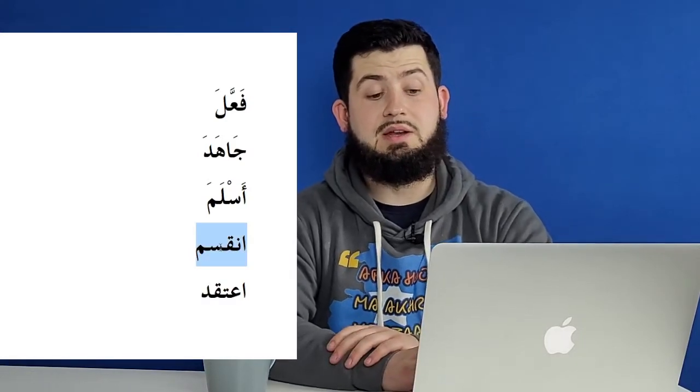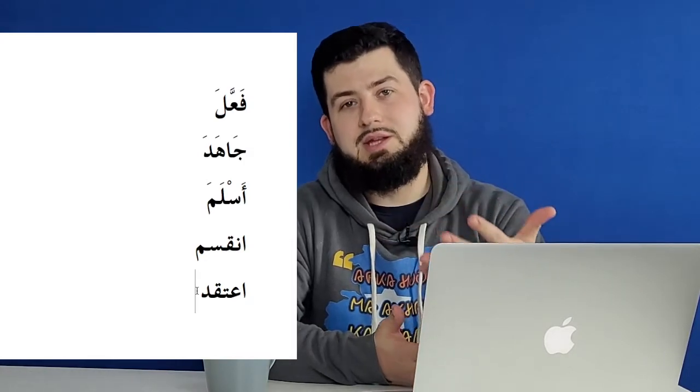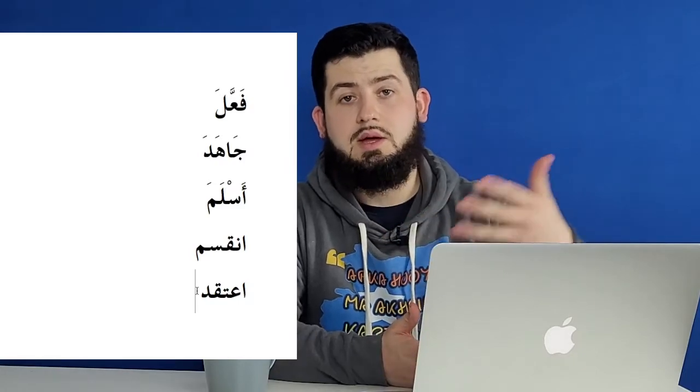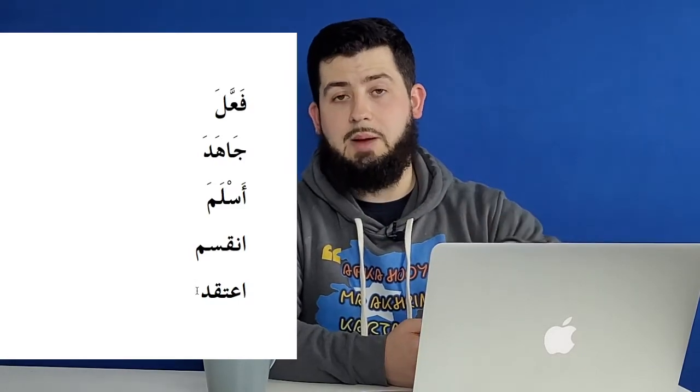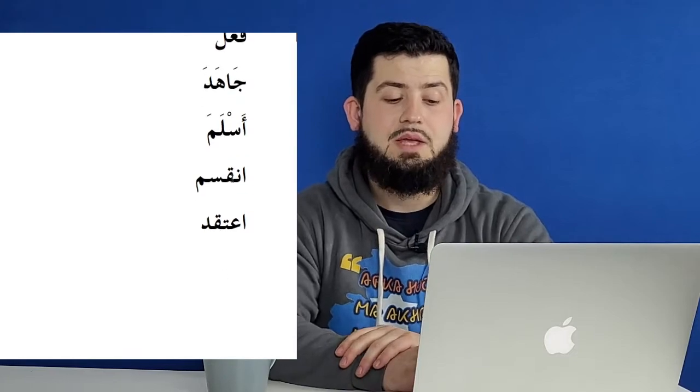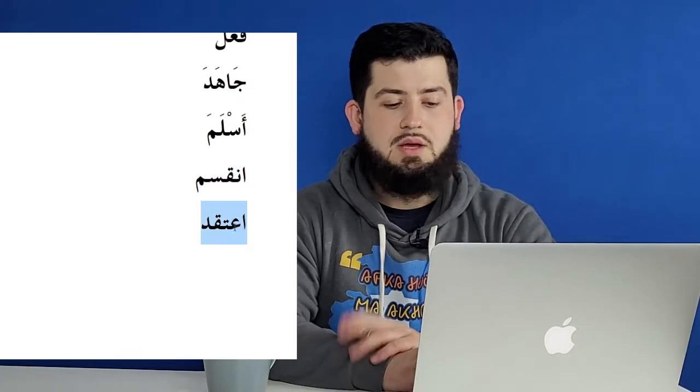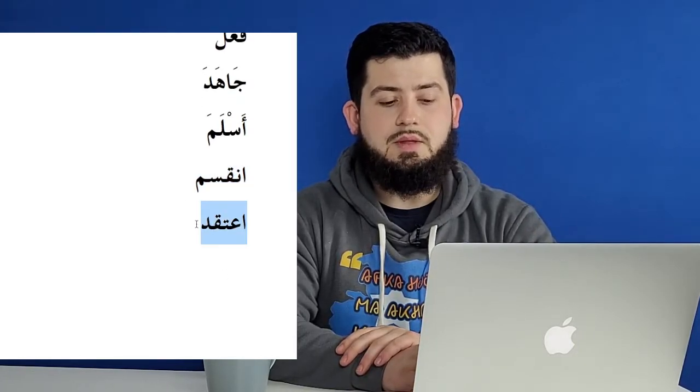I forgot to mention, inqasama means to split up something, and i'taqada means to believe something. It's not a coincidence that the word aqidah has the same root letters. If you give your opinion about something, you say a'taqidu an kadha wa kadha, I believe that, whatever. So this is a form 7, and this is a form 8.